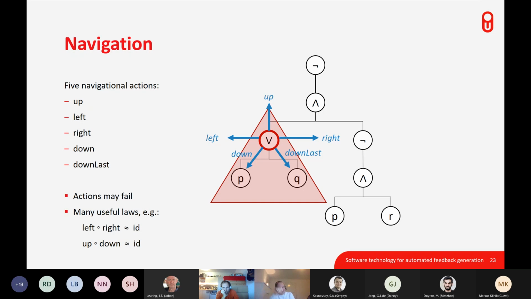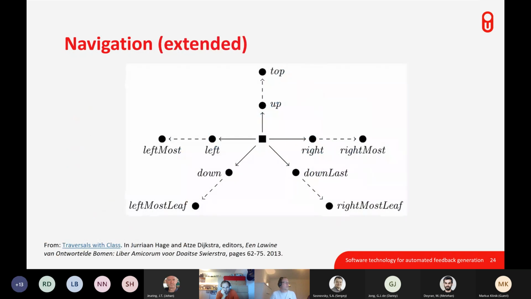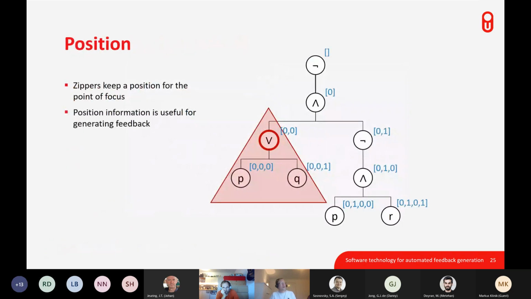Similarly, if you first go down and then you go up, this is also more or less the identity function. And I say more or less because, of course, actions may fail. This also gives rise to a very natural encoding of the position in such trees. And this position is just useful for generating feedback later on.